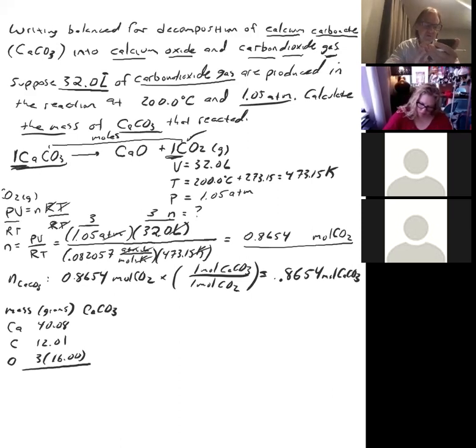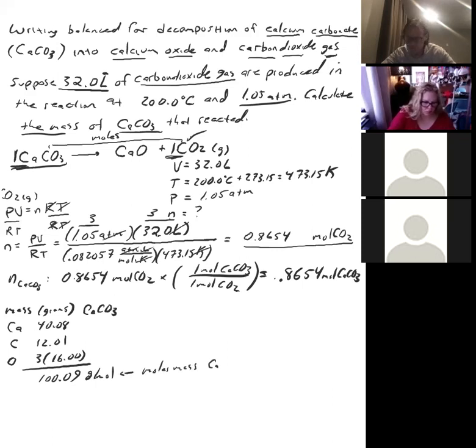So 40.08 plus 12.01 plus 48 is 100.09. 100.09 grams per mole. That's your molar mass of CaCO3. Okay, so now we have the moles of CaCO3, 0.8654.